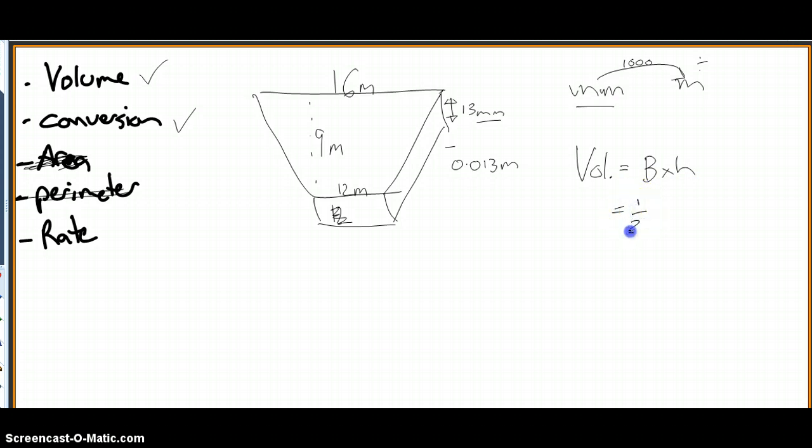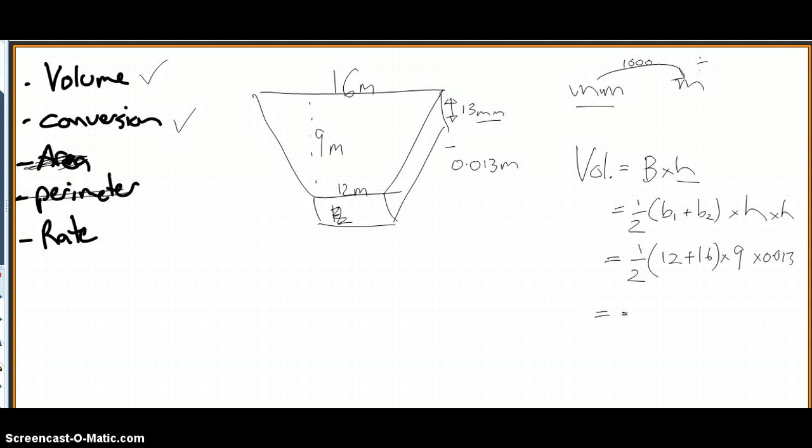Area of a trapezium is half b1 plus b2 multiplied by the height, and still multiplied by this depth, which we're calling h as well. Numbers into the equation: 12, 16, 9, and 0.013.